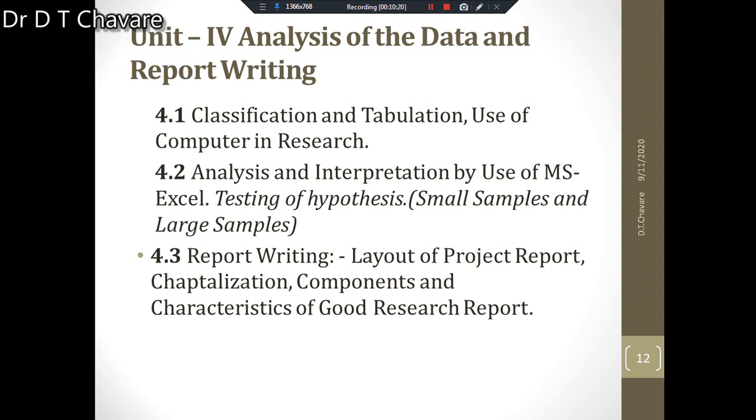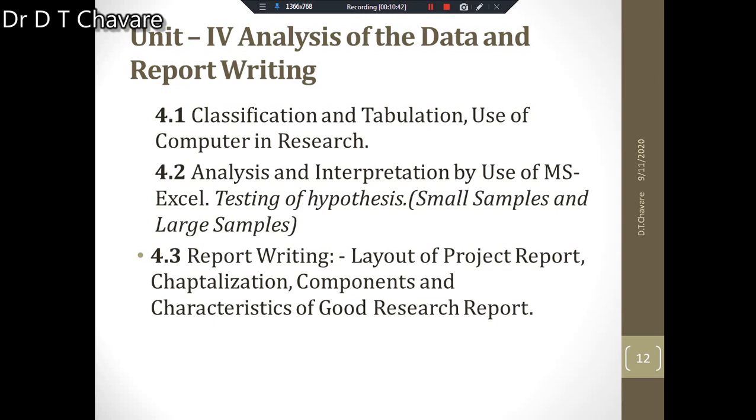Then point number 4.3 is also there, report writing. In this point, you have to understand what is the layout of a project report, how report writing is done, and at the time of report writing, you have to prepare the layout of your project report. Then chapterization.